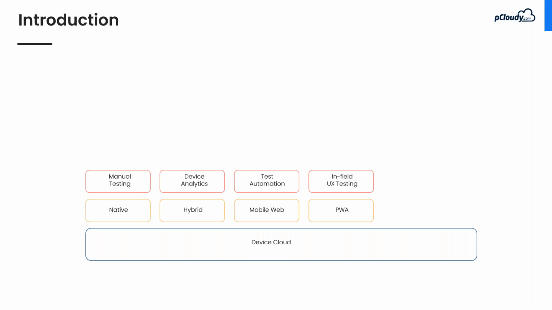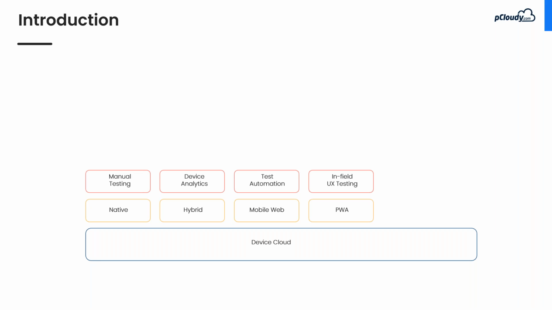It's an out of the box integration. In order to run your existing code on pCloudy, you'll have to do a small capability based integration by adding 6 or 7 lines of code in your existing test suite. But once that is done, you should be able to run your test automations on pCloudy devices.